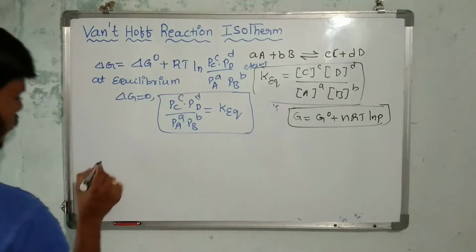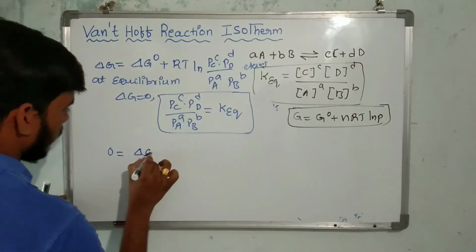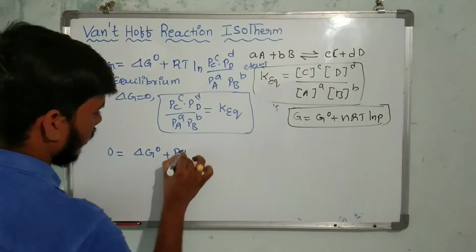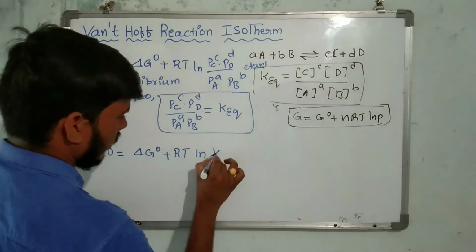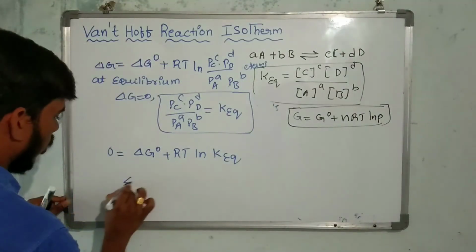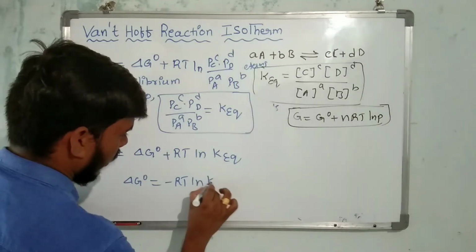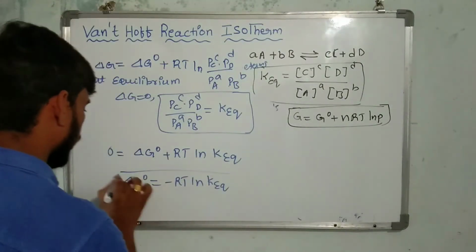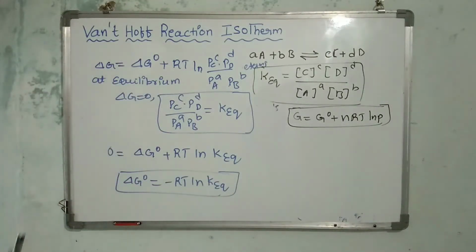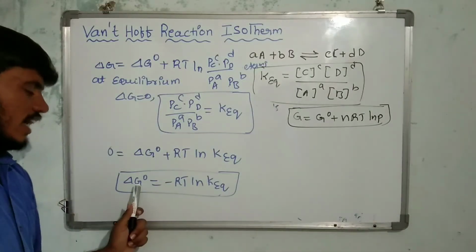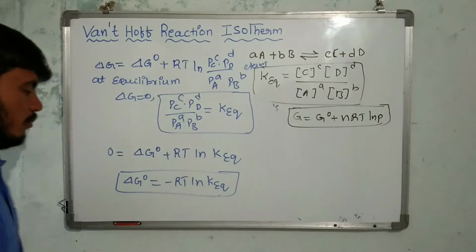Now 0 is equal to delta G naught plus RT ln K equilibrium. So delta G naught is equal to minus RT ln K equilibrium. This is the relation between the standard Gibbs free energy and the equilibrium constant.